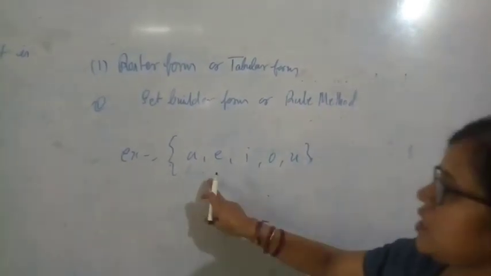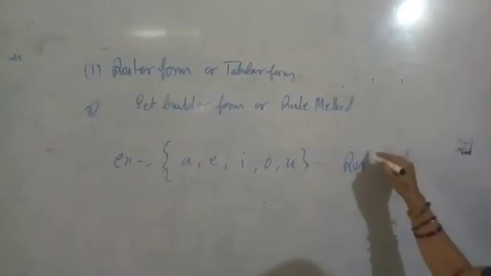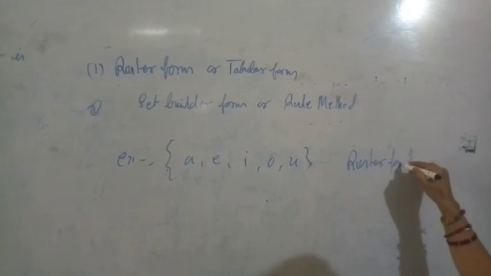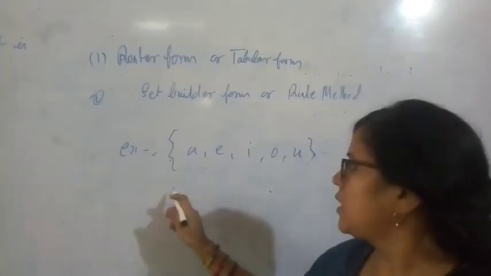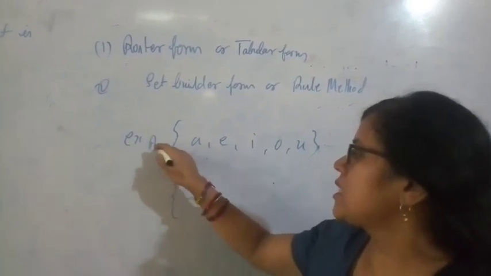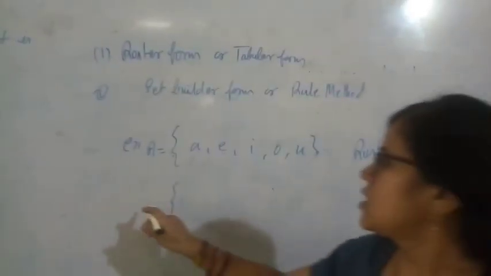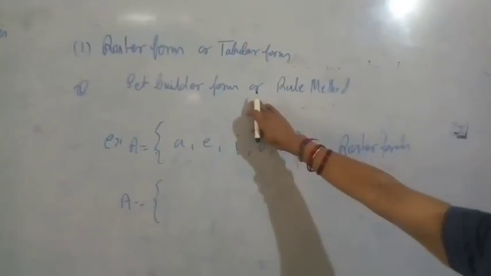Now this is in roster form. This is roster form. And again we can represent this set by any capital letter. Suppose again we want to represent this by the set builder form.